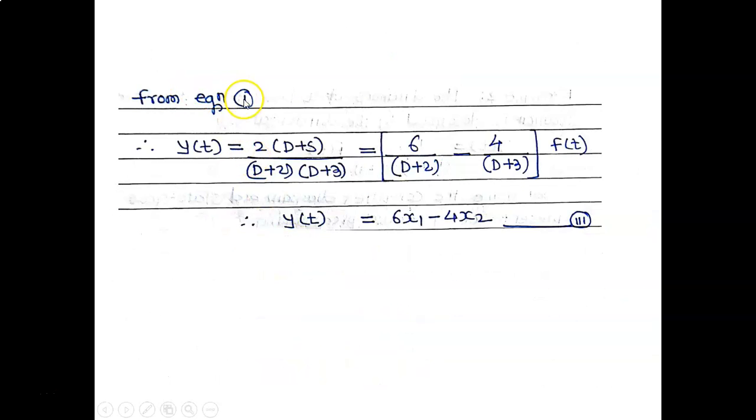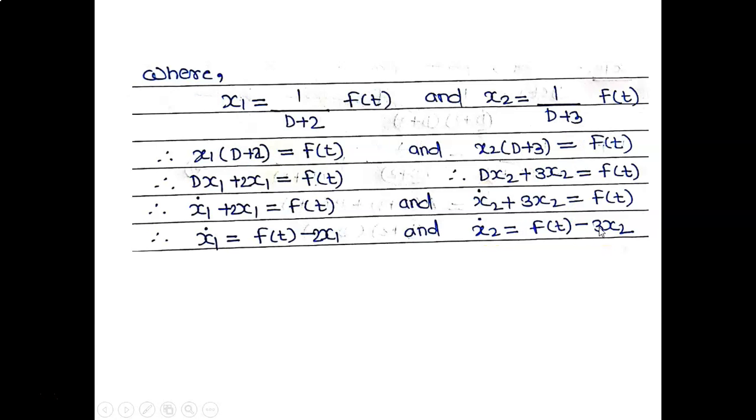Now, from equation 1, y(t) is equal to 2(D plus 5) divided by (D plus 2)(D plus 3), which is equal to 6 divided by (D plus 2) minus 4 divided by (D plus 3) times f(t). Therefore y(t) is equal to 6x1 minus 4x2, equation 3, where x1 is equal to 1 divided by (D plus 2) times f(t) and x2 is equal to 1 divided by (D plus 3) times f(t).